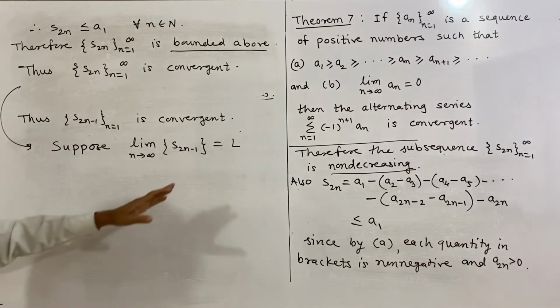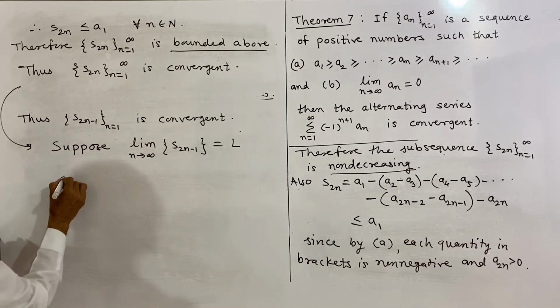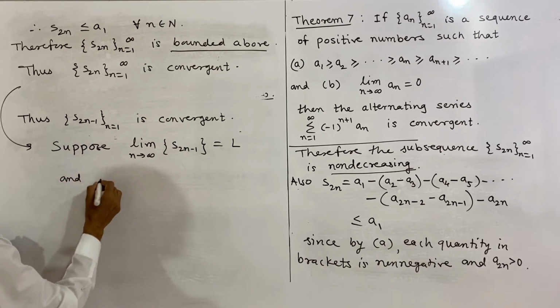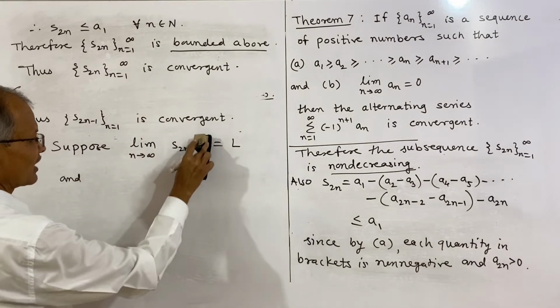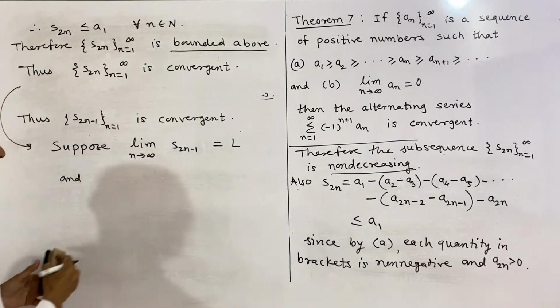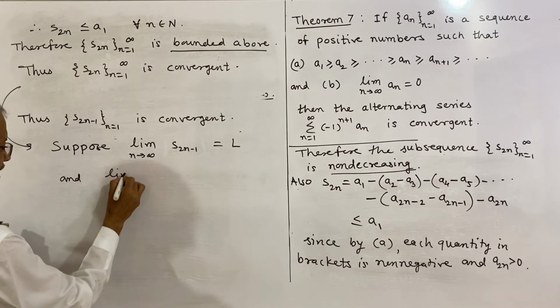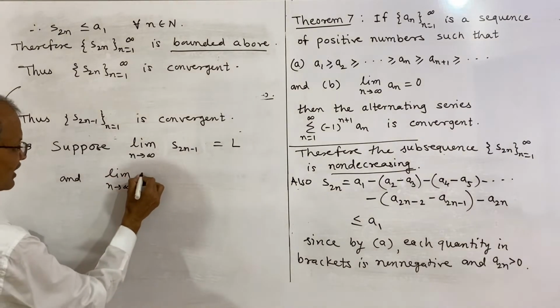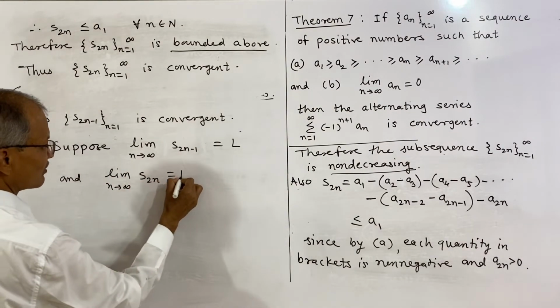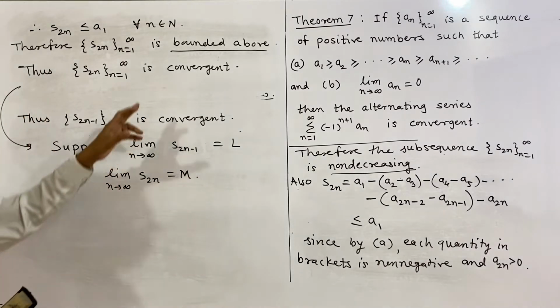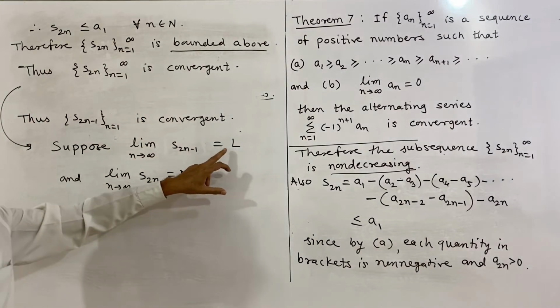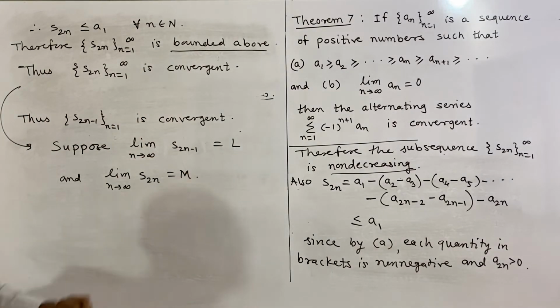Suppose it converges to L, and limit as n tends to infinity of s2n is equal to M. Both are convergent. They will converge to some real numbers, that is L and M.